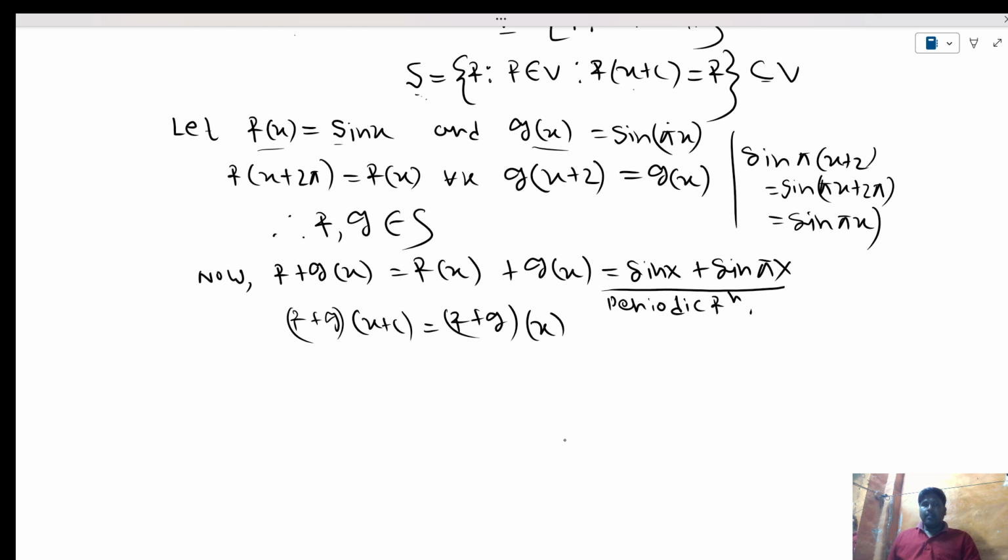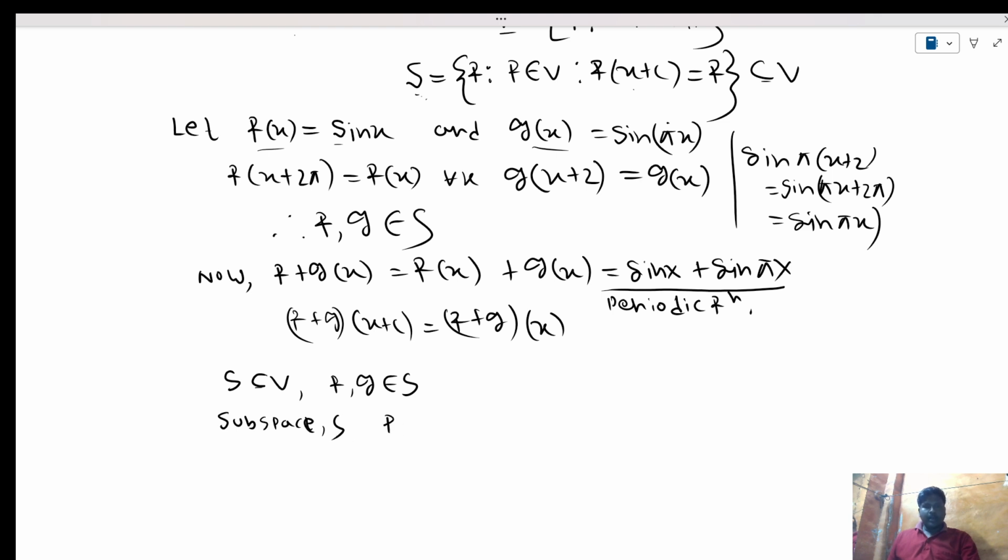And we know that one of the basic criteria of a subspace is that if S is a subset of a vector space V and f and g belong to S, then for a subspace the set S should be algebraically closed.